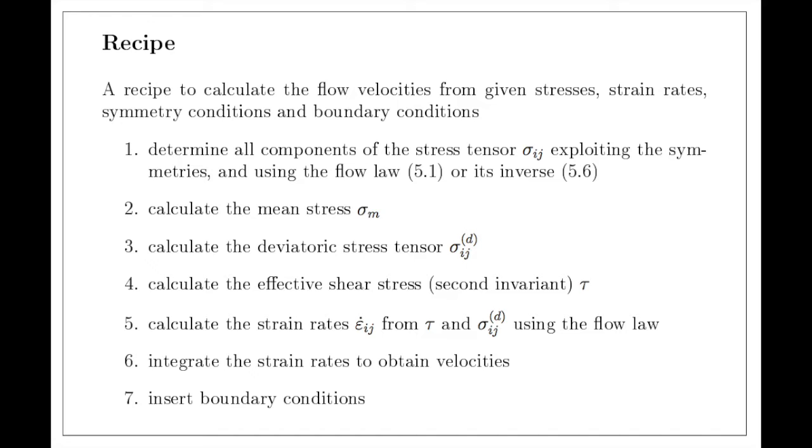Once we have the shear stress, using Glen's power law, we can get the strain rates. Once we have the strain rates, we integrate to obtain velocities, and then, finally, as always, we must take advantage of our boundary conditions to find the explicit solution.